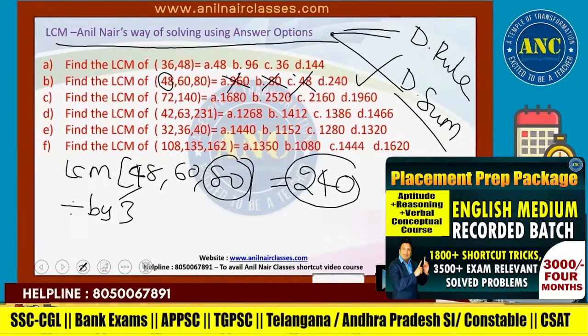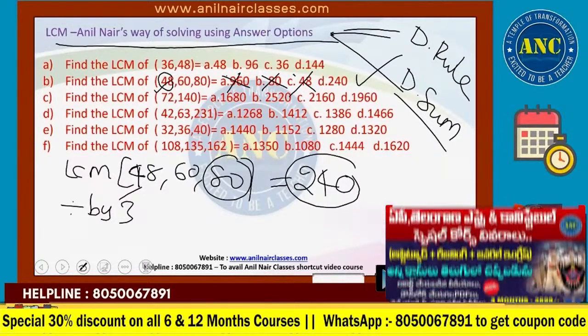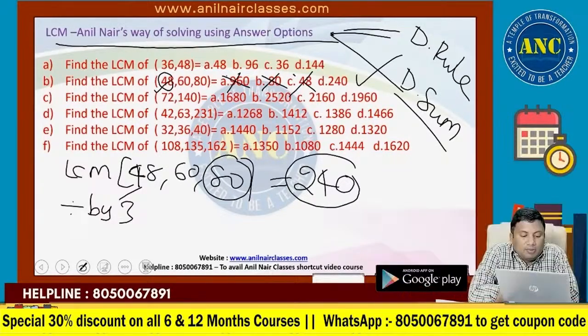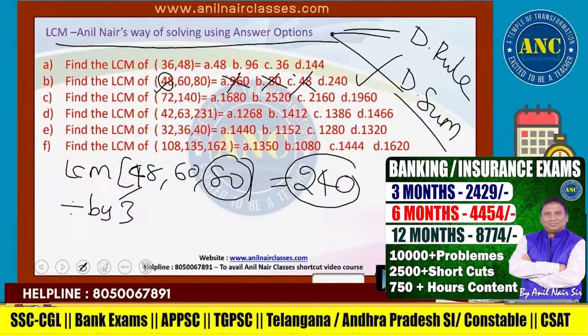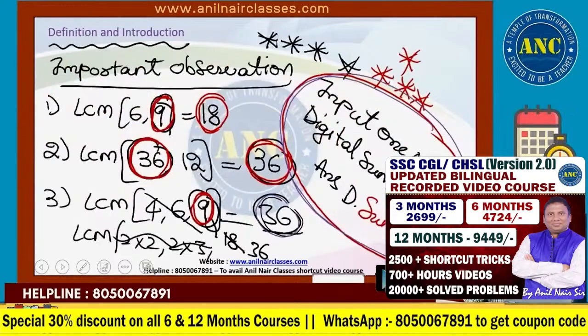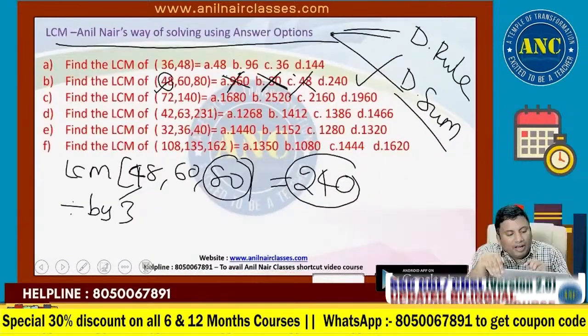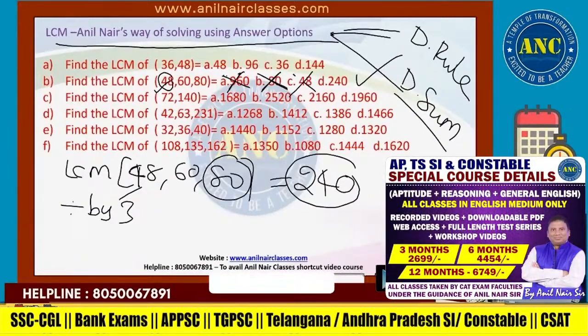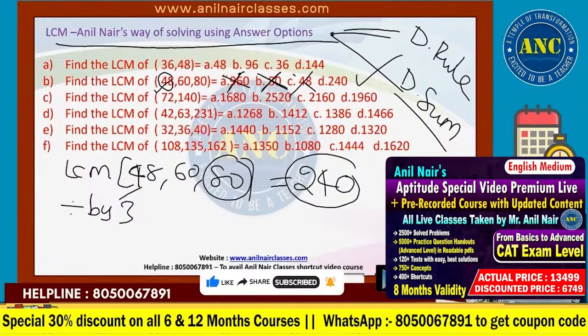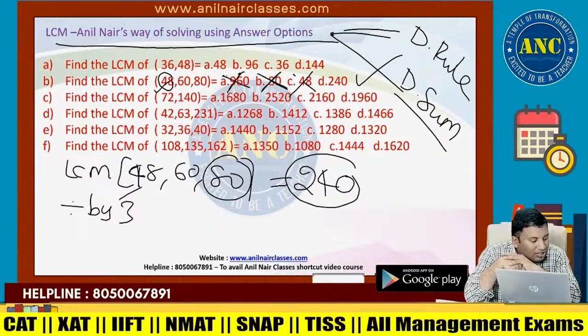No, you can also take divisible by 4, but all the options are divisible by 4, so I have not taken it. 48 is divisible by 3, so the answer should also be divisible by 3. 960 is out. 80 is out. 48 is also out. Why is 48 out? LCM is derived from the largest number.